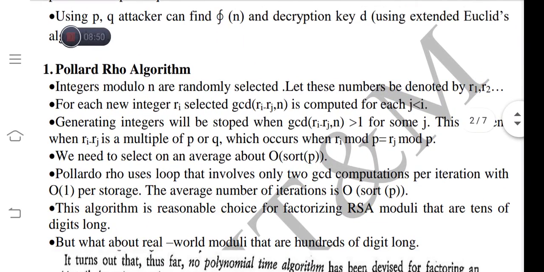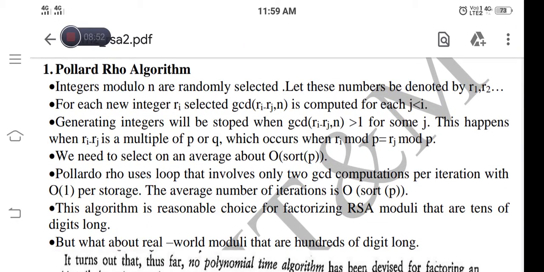So the time complexity associated with this is big O of square root of p. The various p values will be searched here, and the time complexity associated with that will be square root of p.